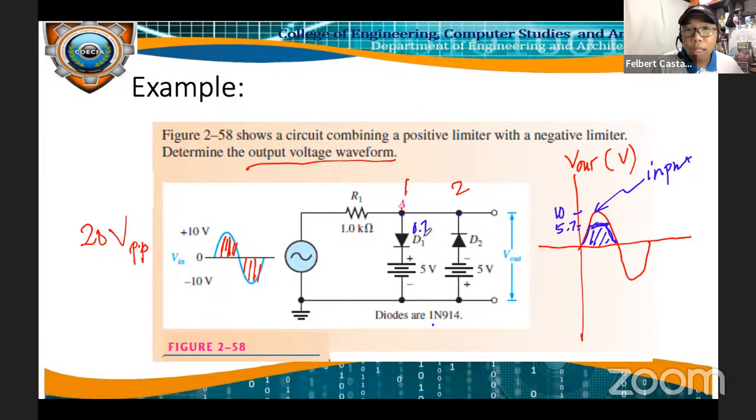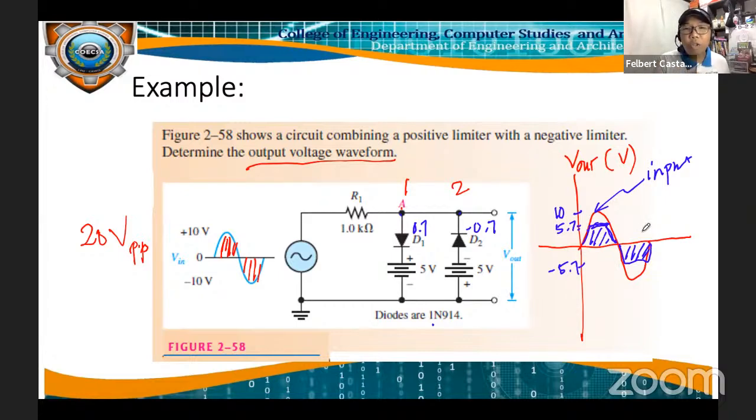Si D1 ay naka-reverse bias, kaya ang gagana naman ay si D2. Ano yung value ng voltage dito? Negative 0.7, kasi negative yung input mo. Negative 0.7 plus negative 5 volts, yung mababasa mo dyan is negative 5.7. Ito na yung output natin during the negative half cycle.